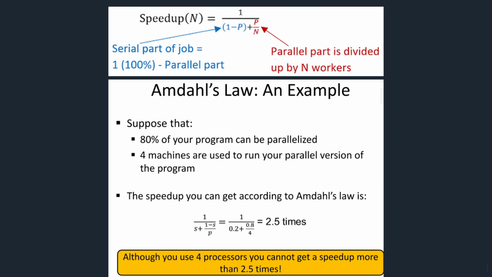We put the values into the equation and get 2.5 times. Although you use 4 processors, you cannot get a speedup of more than 2.5 times.